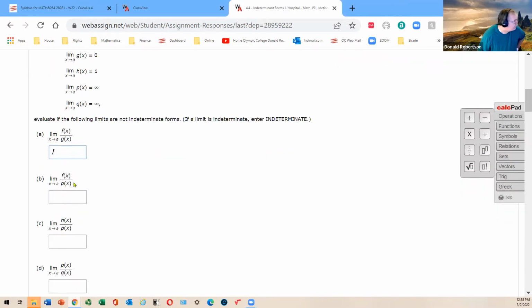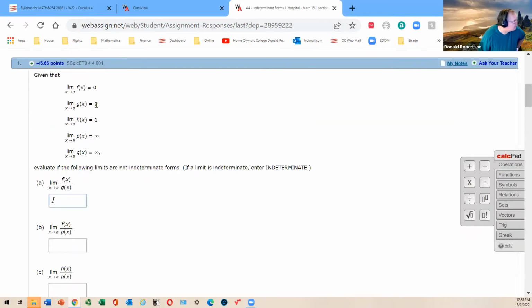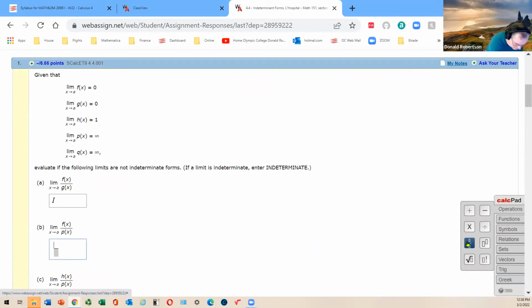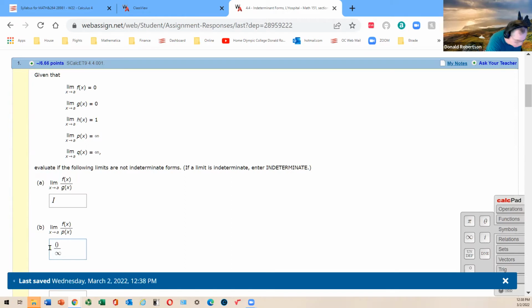What about f on the top, p on the bottom? F on the top is 0, p on the bottom is infinity. Oh, wait a minute. If you do 0 over infinity, okay, it's a bit messy here. Where are you hiding infinity? There you go. 0 over infinity is not indeterminate, is it?